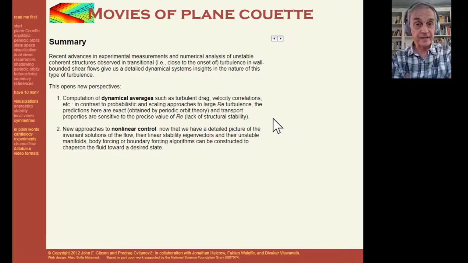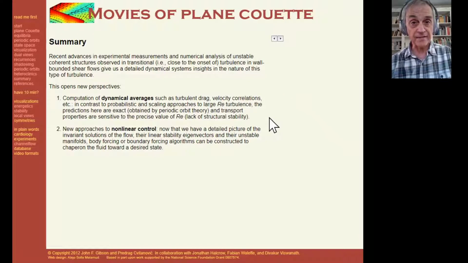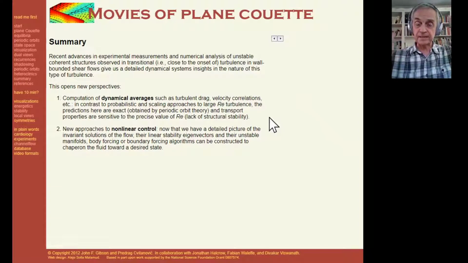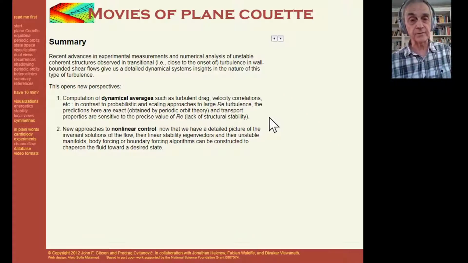And we have a theory that says this is all suspended on a very rigid skeleton of equilibria and spacetime periodic solutions. And now that you have this, you can design things or control things because you understand the stable and unstable manifolds of these solutions, which tell you how you have to affect the flow in space-time, what kind of perturbation you have to give it to control it or make it go someplace where you want to go.